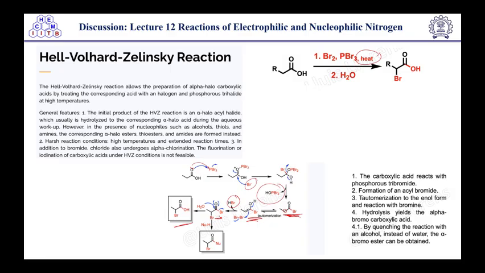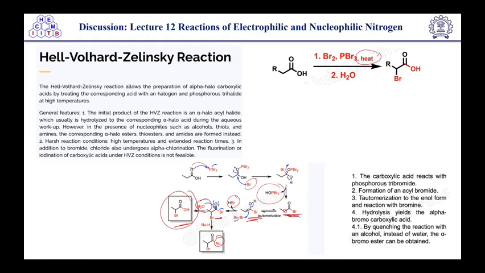Similarly, when we use another nucleophile instead of water, it will attack on the carbonyl center and then it will open up, and the further pull of electrons will knock out the bromine ion. The nucleophile attacks here to give the corresponding product instead of acid. So we can get other products also if we use another nucleophile instead of water.